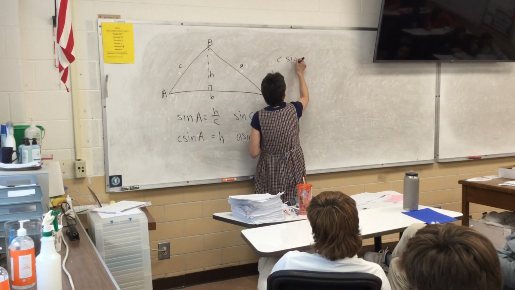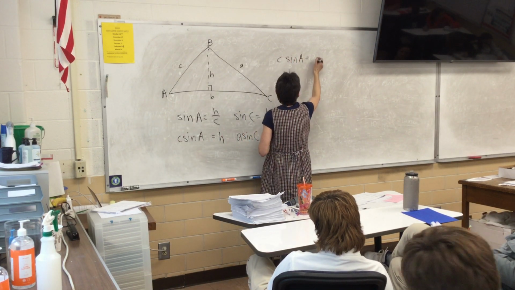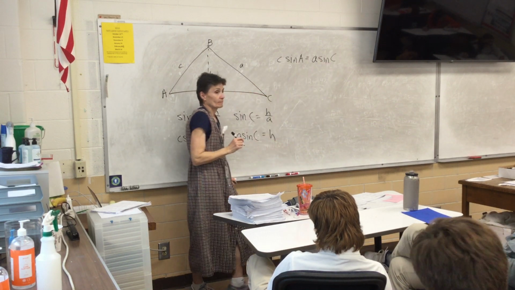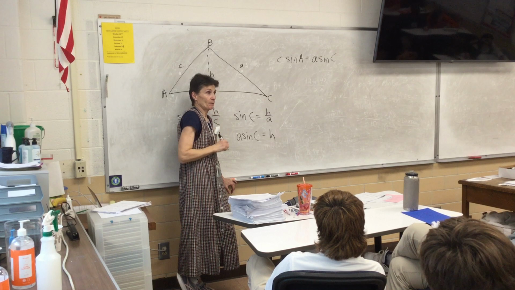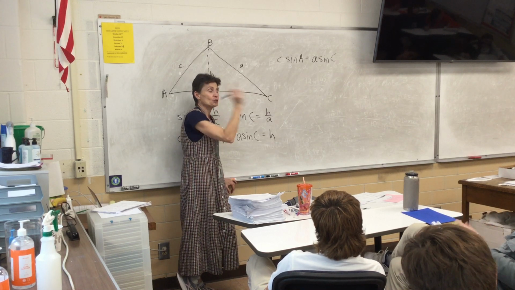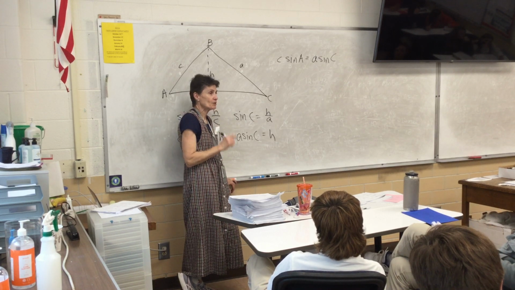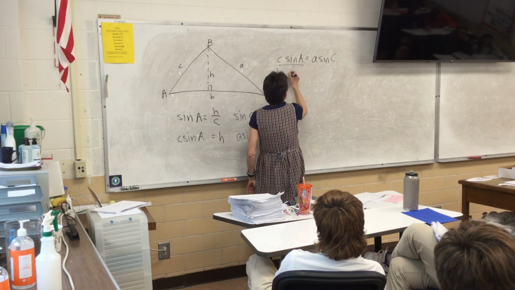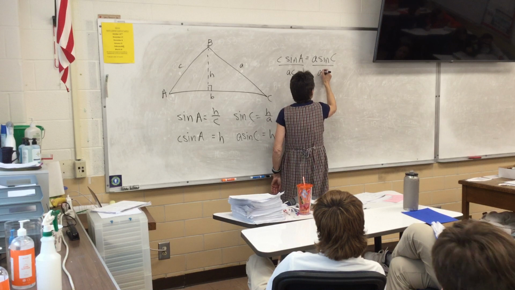So C sine A equals A sine C. And now I'm going to break one of the big rules that I lectured at you about last time we were together. I'm going to divide both sides by A and C.